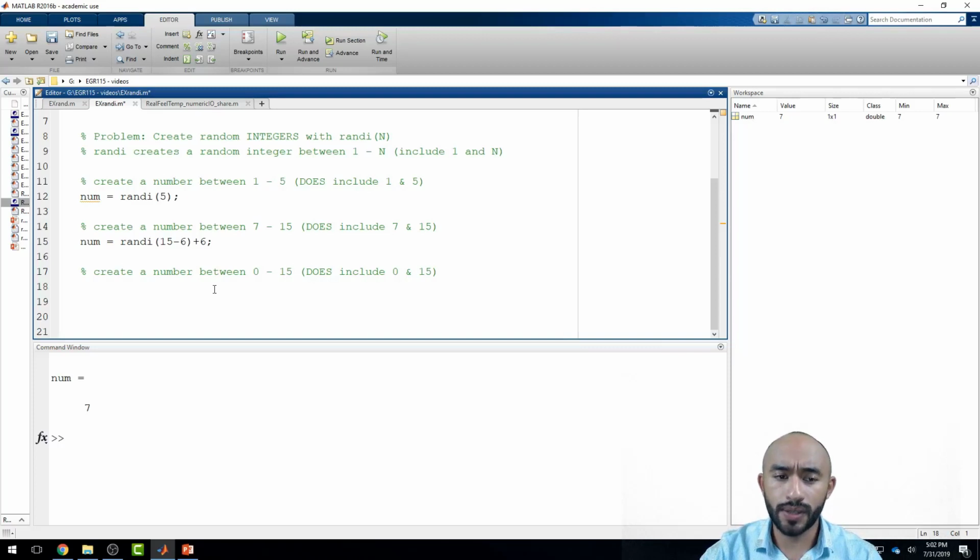Now, let's try to see a third example. What happens if the beginning of my range, instead of being 1 or any positive integer, is 0? In this case, we are trying to generate a random value between 0 and 15. Using the same analysis as before, maybe you are going to be tempted to create a round_i 15, and this is going to meet the criteria with the highest possible value, 15.